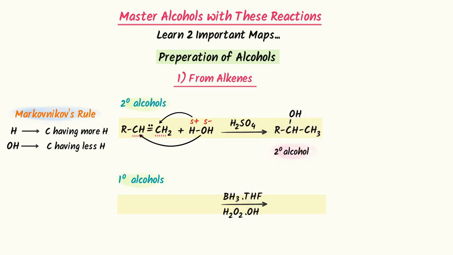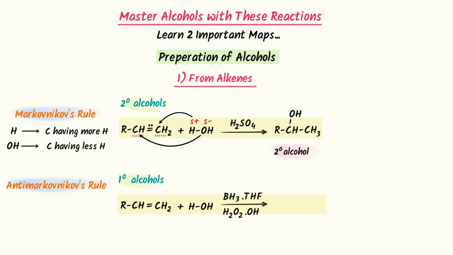Now I am interested to form 1 degree alcohol. To do so, I take alkene. I add boron, hydrogen peroxide and base medium. Due to addition of boron, hydrogen peroxide and base medium, it follows anti-Markovnikov rule.